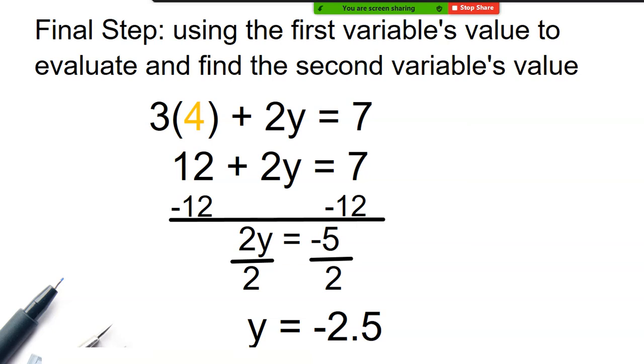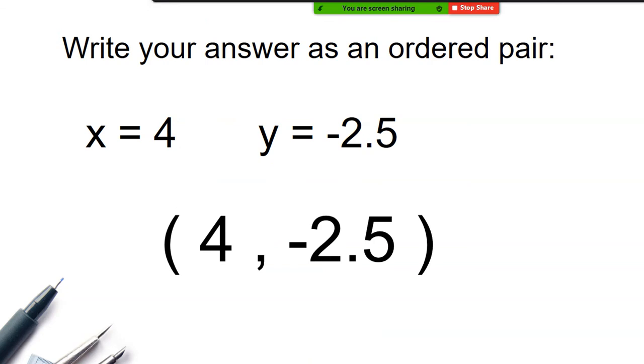However, I need to write my answer in a very specific way. When you know x is 4 and y is negative 2.5, you need to write your answer as an ordered pair. Make sure you write that down in your notes. Write your answer as an ordered pair.